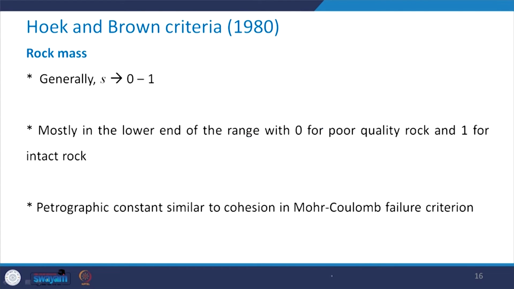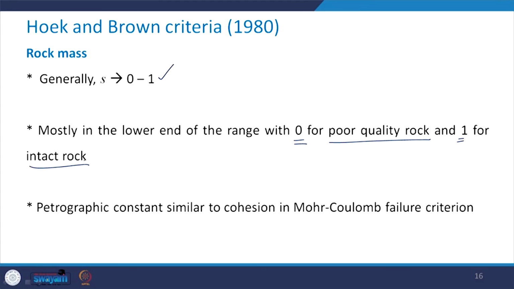Generally this s for the rock mass varies in the range of 0 to 1, and as explained earlier, mostly in the lower end of the range, with 0 corresponding to poor quality rock and 1 for the intact rock.